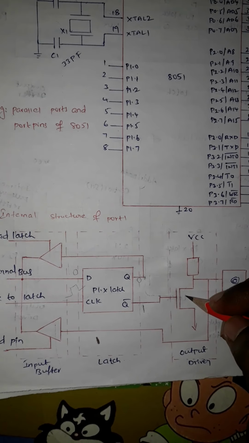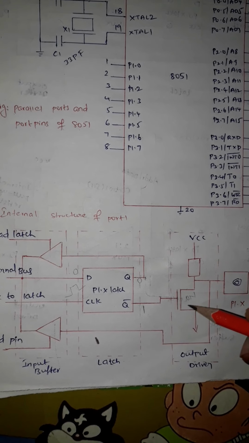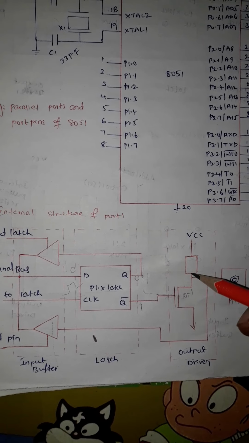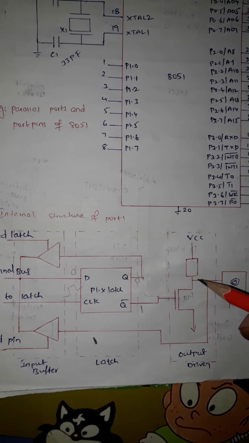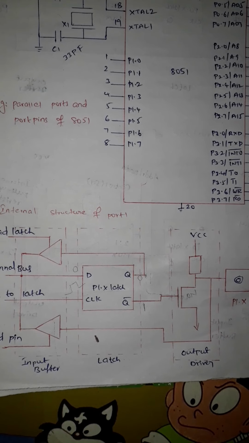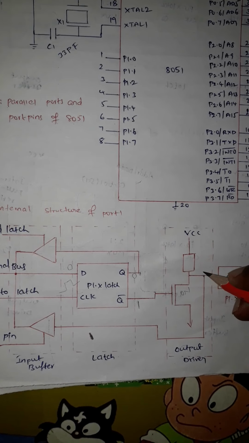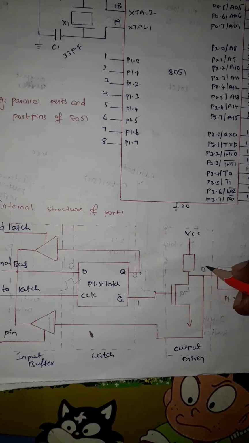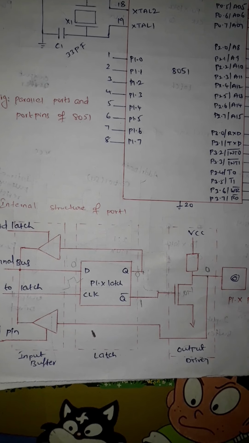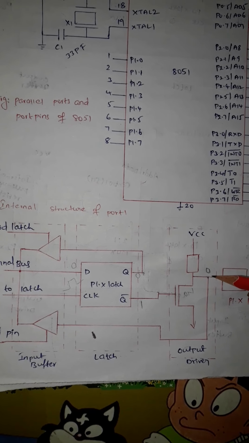If the transistor turns on, then the port pin is connected to ground through the transistor's low resistive path. Then when you read the value at the port, the value at the port pin is 0, as it is connected to ground through the transistor.